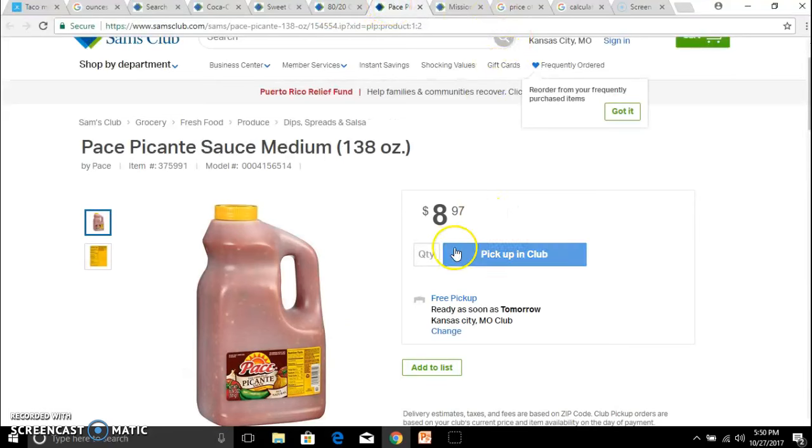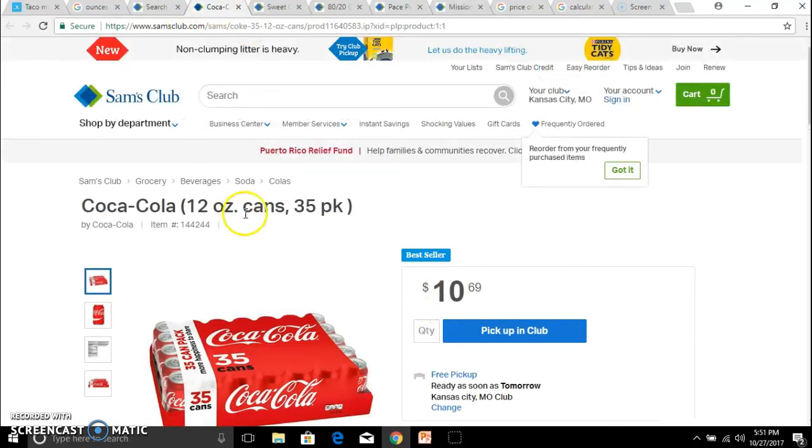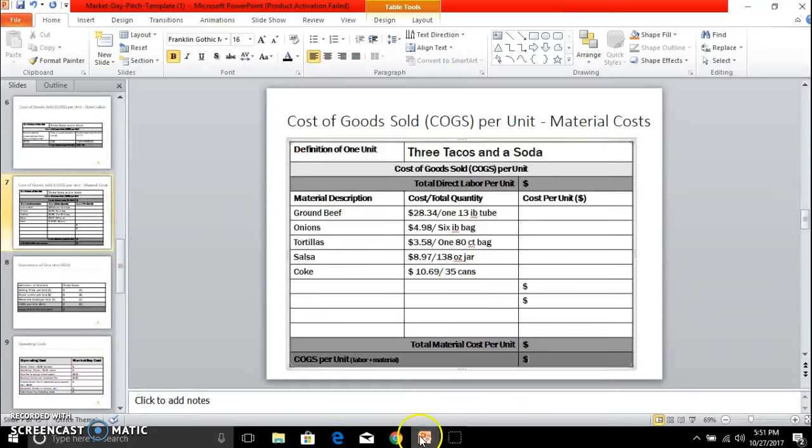And then we have the picante sauce medium for 138 ounces. You probably are going to sell more, so if you want to double the Coke, that's fine. All you would do is double the cost per unit, which we're going to figure out at the end. But let's go back to our slides.